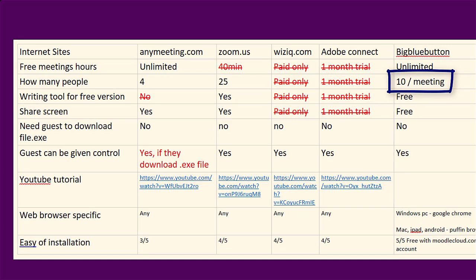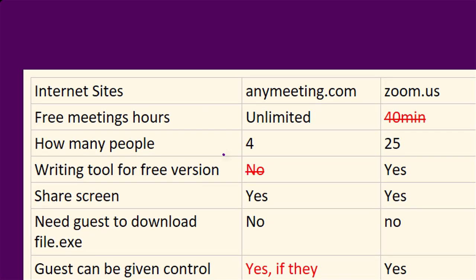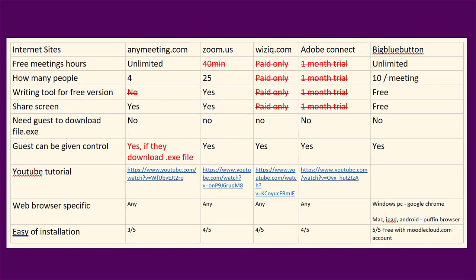You get writing tools available to use on the PDF, Word, or PowerPoint documents you upload to be shown on the presentation screens. Then later, the student can also download whatever document you have uploaded if you choose to allow them to do so. In addition, you can both share your screen if there is a need to do so.